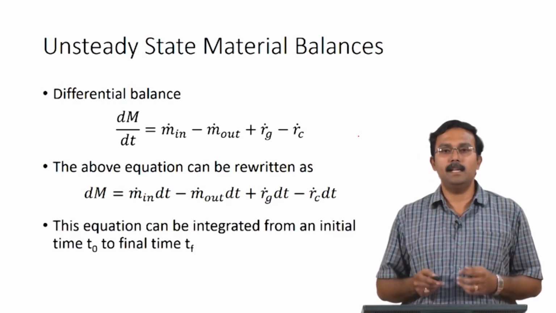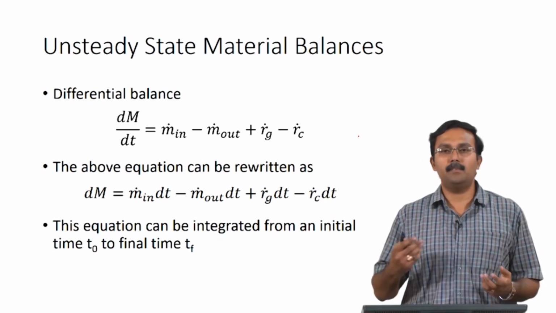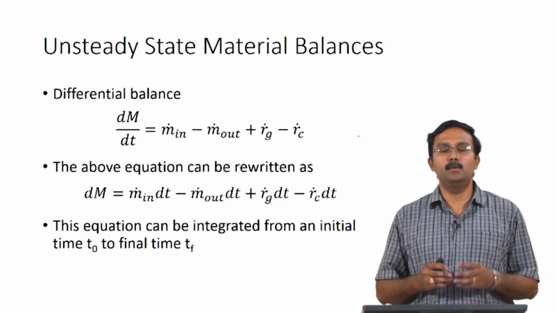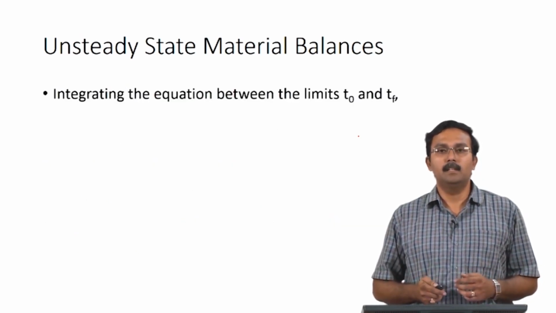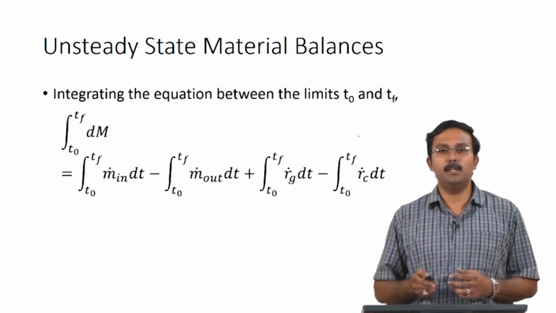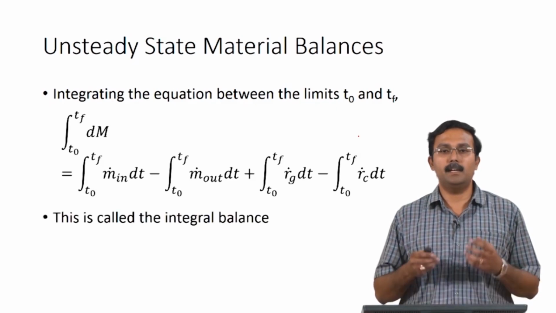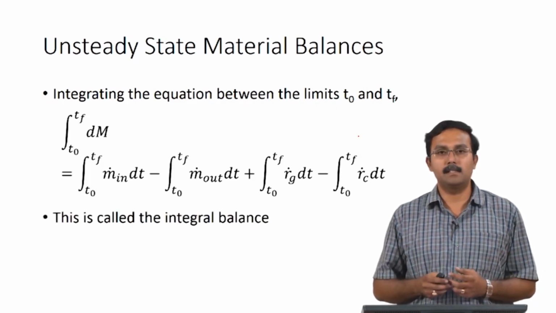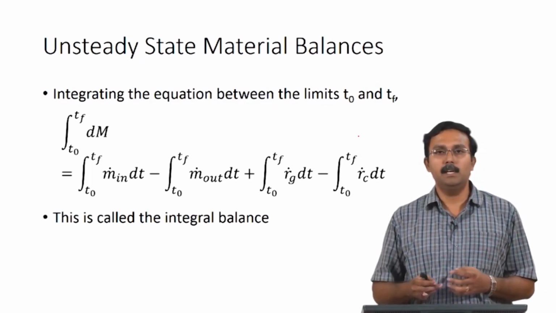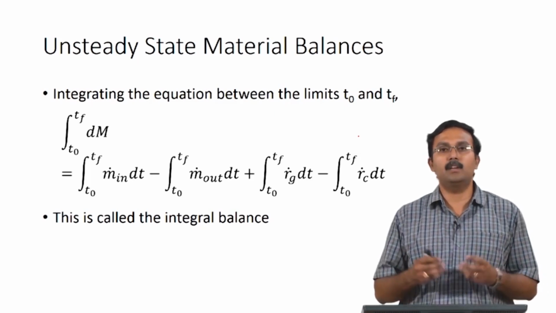This can then be integrated between the limits of initial time t naught and final time tf, and when you do this integration you will be able to solve the equation. While integrating the equation between the limits t naught to tf, you will get an equation which is simply called the integral balance. Once you know how these terms are changing with respect to time, you can plug these functions into this equation and solve for the unknown.